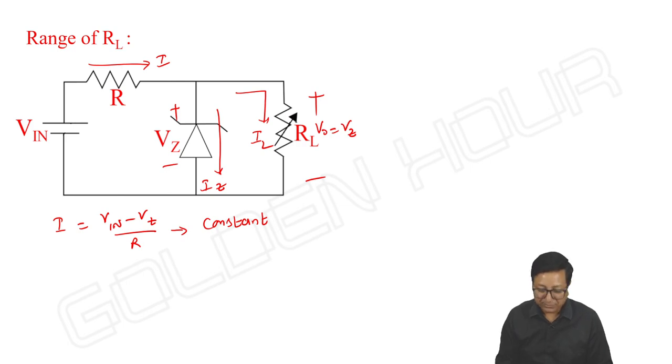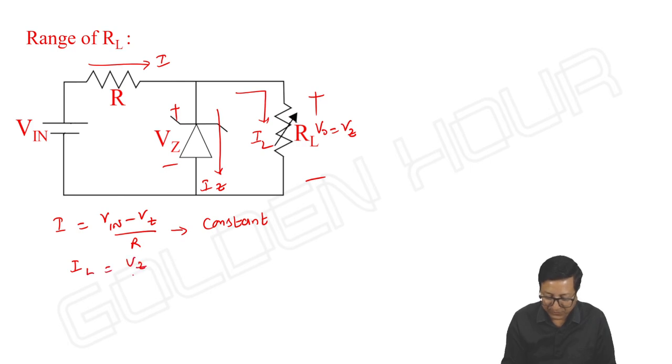Okay, fine. And what about this IL? IL is equal to VZ by RL. So if RL increases, IL will decrease to maintain the output constant at VZ. Is it not so? If RL decreases, IL has to increase.